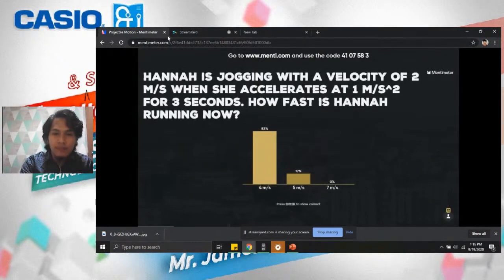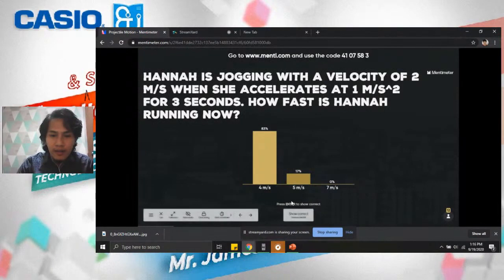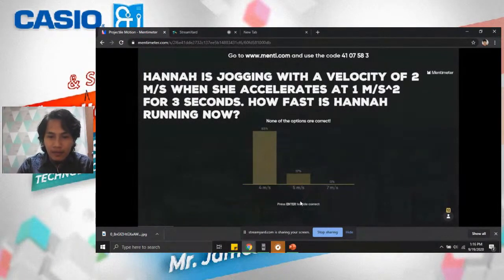Wait lang. Ba't wala dito? Wait lang po. So, ang correct answer natin dito, di siya nailagay. So, 2 meter per second, siya accelerates. So, 2 plus 1 times 3, answer is 5 meter per second. So, meron siyang initial velocity na 2, then accelerates at 1 meter per second after 3 seconds.